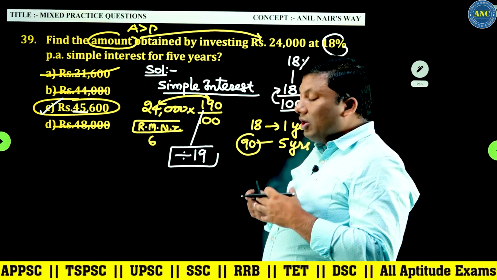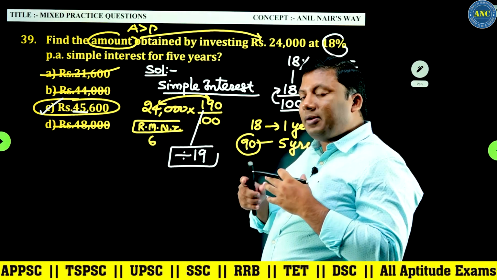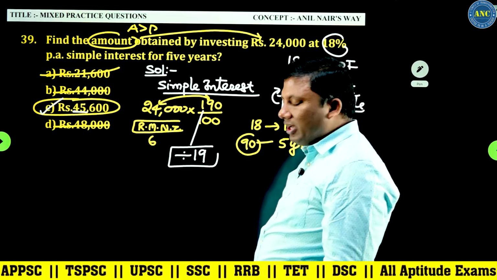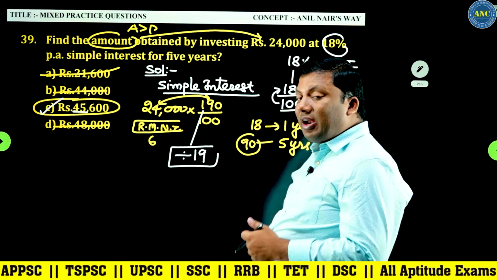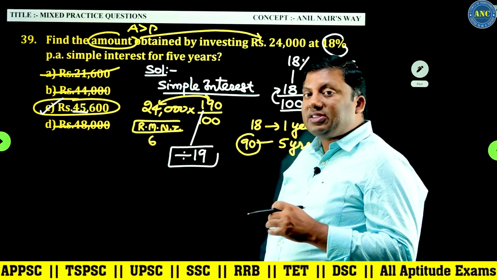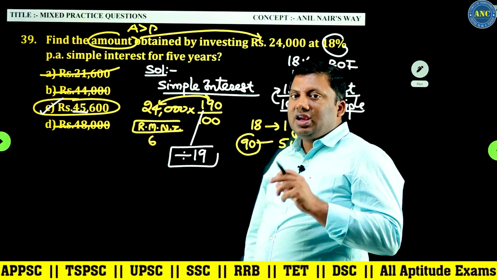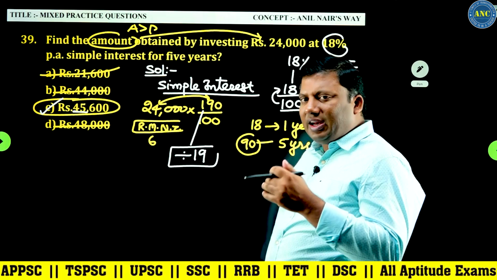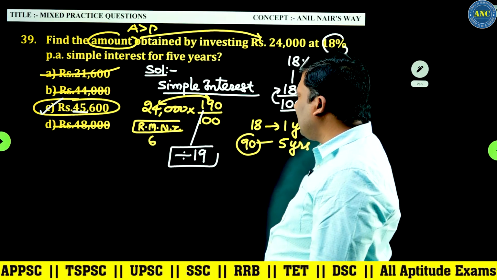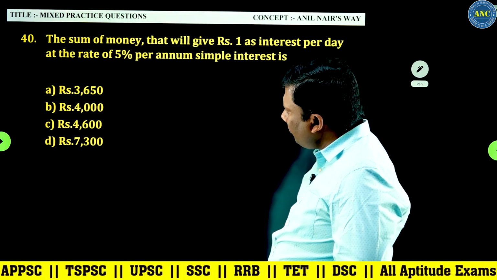Principal is 24,000, amount is greater than principal. 24,000 into how 190 came? 18% for 1 year. In simple interest, the rate of interest is the same every year. Every year 18, 5 years it is 90. On 100, above it is 190.